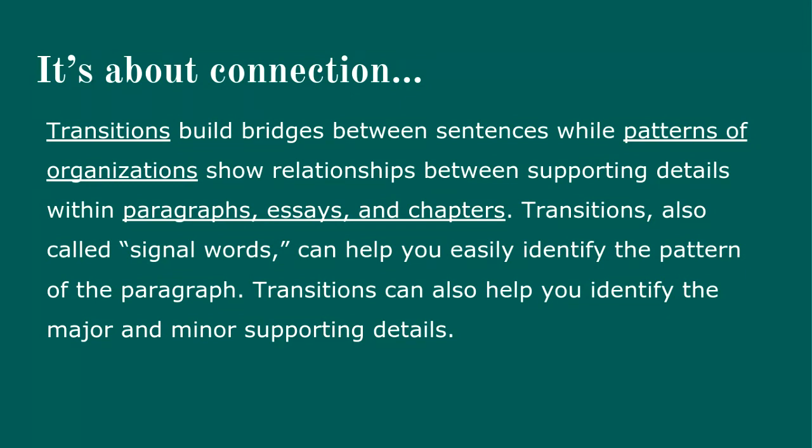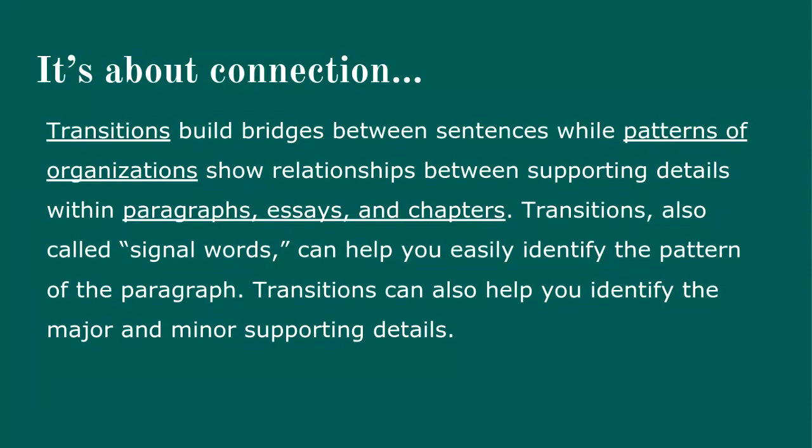And transitions also are signal words. You look for them and you say, oh, they're adding more information, or they're showing a difference from something that they've said before. Or maybe they're presenting some answers to a problem that they presented, which is the topic. So I think it's going to help you identify the major and minor supporting details in a passage.